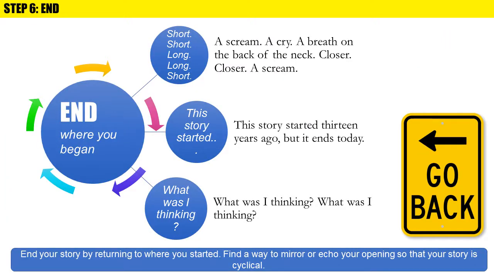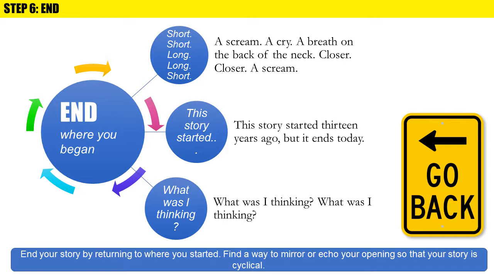Finally, we come to the end of our structure, where we need to mirror or echo our opening. Look at the example echoes for our 3 drops. These are just suggestions, but they are possible ways of bringing each opening full circle. The first uses the phrases from the short, short, long, long, short to create a chilling and ambiguous ending. The second ends the story with drama and emphasis, and the last, ending with successive questions, leaves the reader with a dramatic uncertainty.